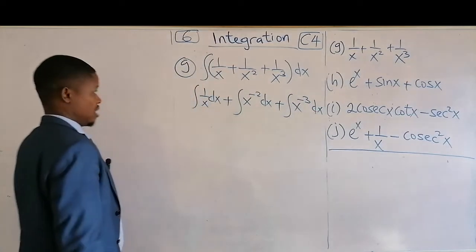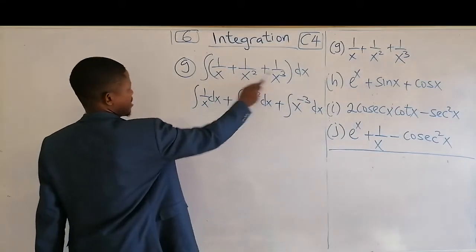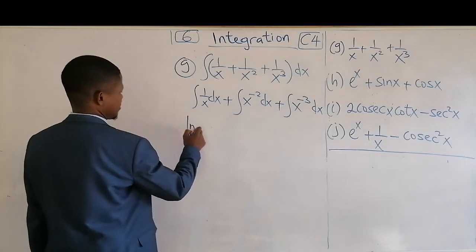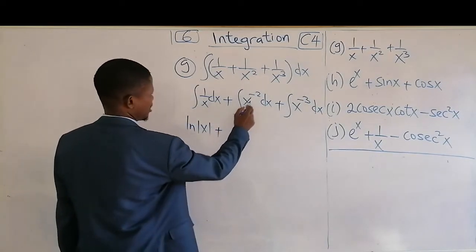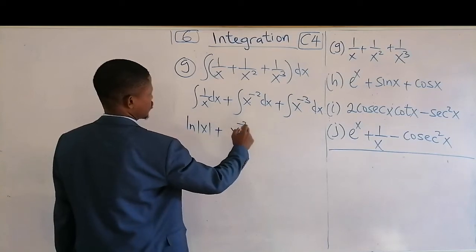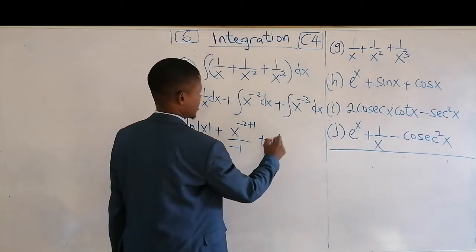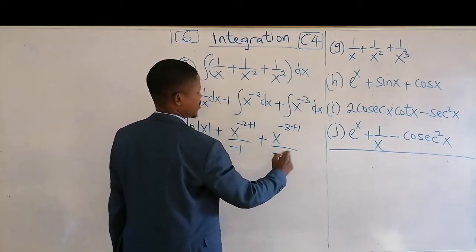So that's what you have to do. You have to remove the denominators for here. This one has a direct table. So we now have ln x plus this one, that will be x to the power minus 2 plus 1 over minus 1, then plus x to the power minus 3 plus 1 over minus 2.